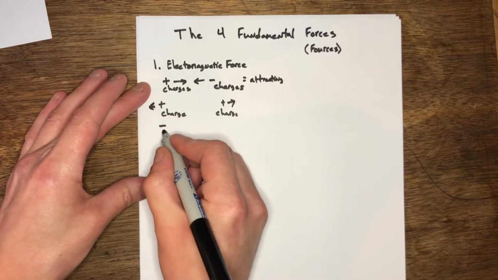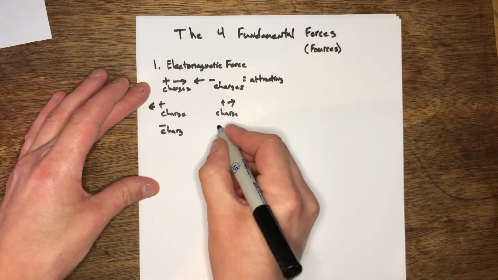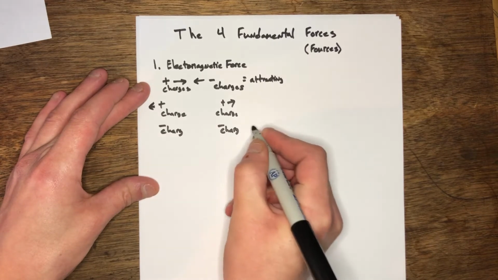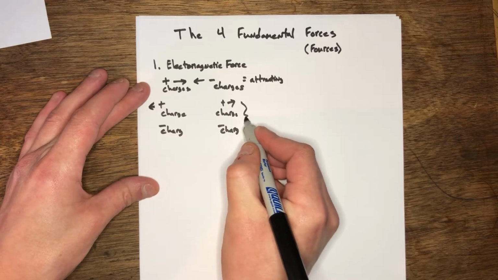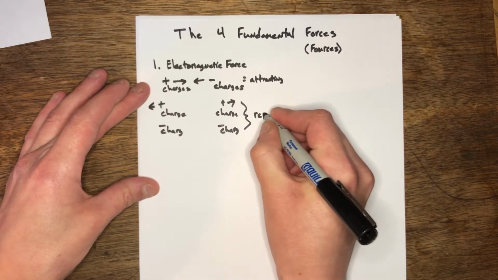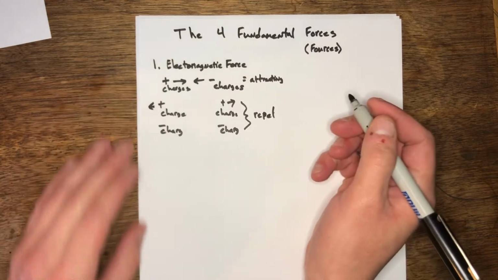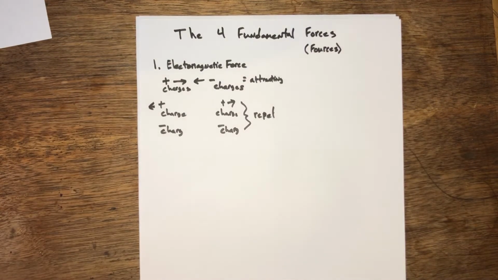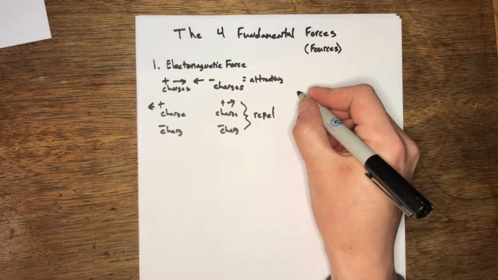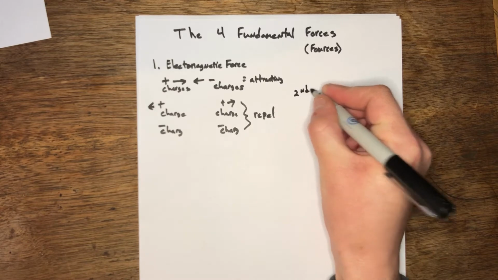Same thing with a negative charge and a negative charge. So like charges repel, opposite charges attract. That is one of the four fundamental forces. This is, I could say, the second strongest.